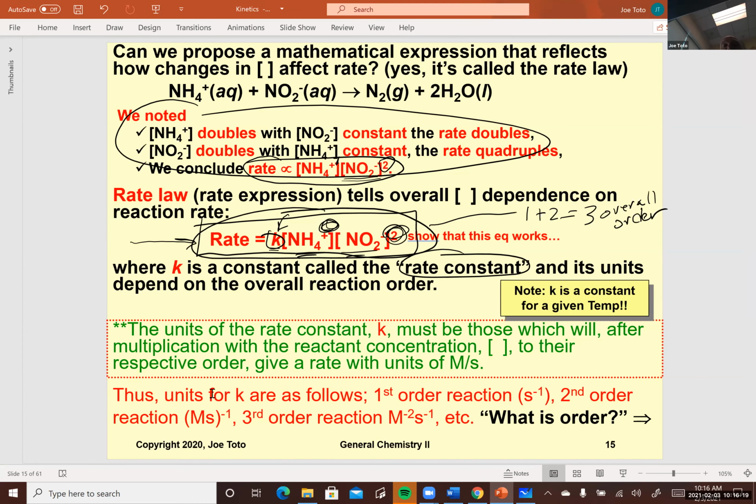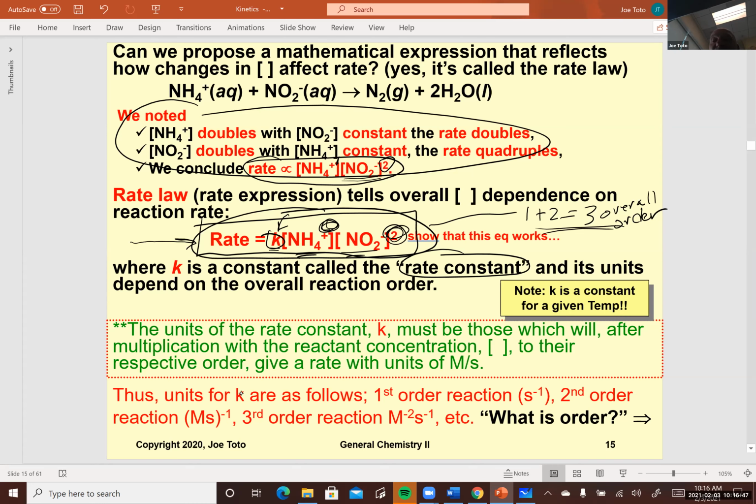Essentially what that tells you is how many molarities are expected to multiply that K, right? Because the unit of concentration of ammonium is molarity, and if I have it to the 1 power, that's 1 molarity. The unit of concentration of nitrite is also molarity, and if I square that, that's molarity squared. So essentially, this is telling you it's third order.